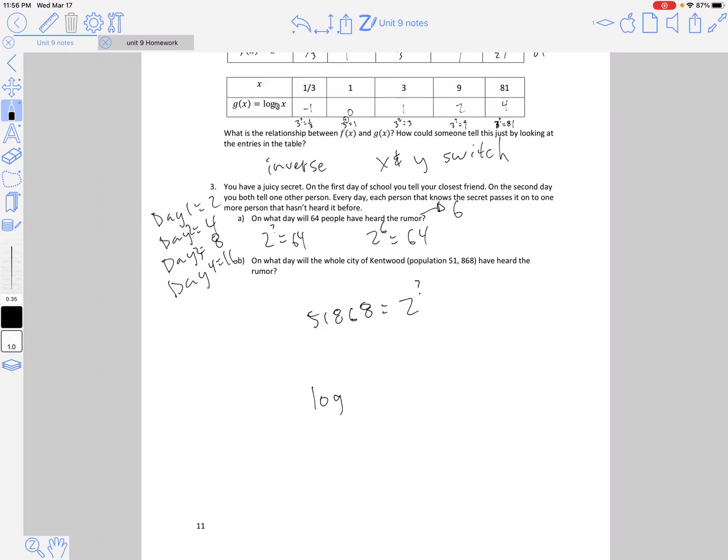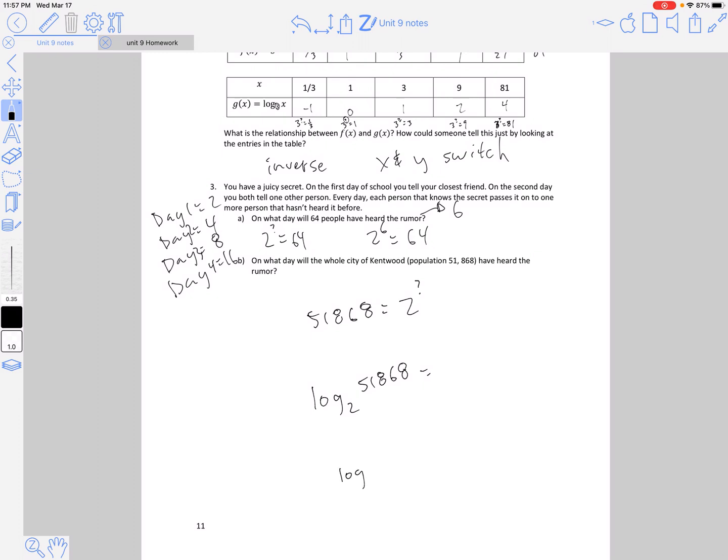All right? So log, oh man, this one is going to be really tricky to put in your calculator. So log base 2 of 51868. We're going to learn real quick about the change of base formula. So you can do this in your calculator.